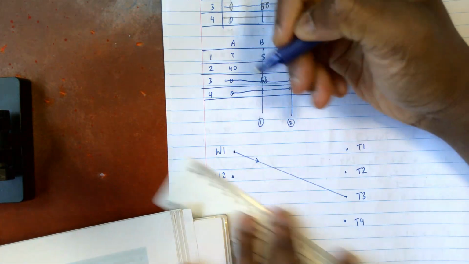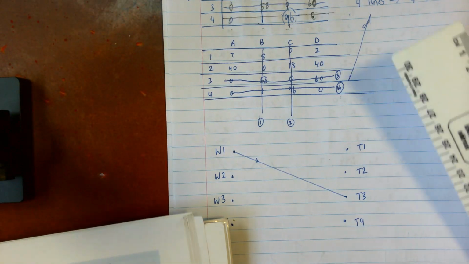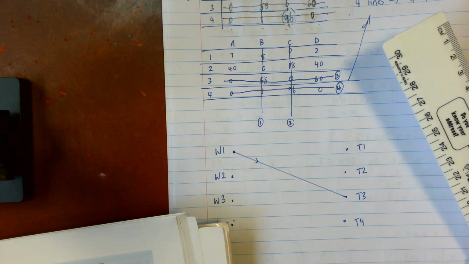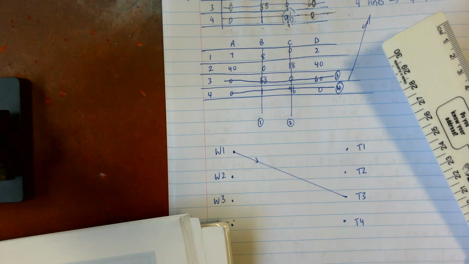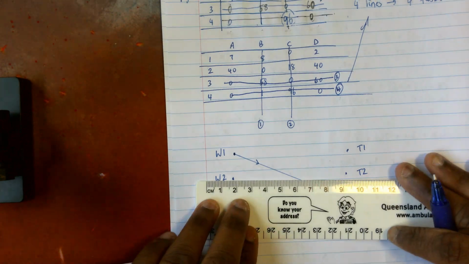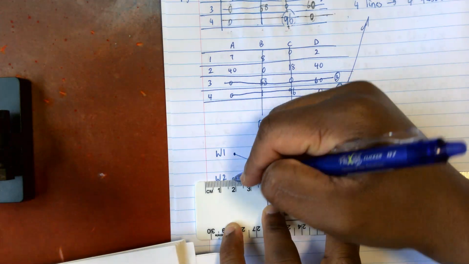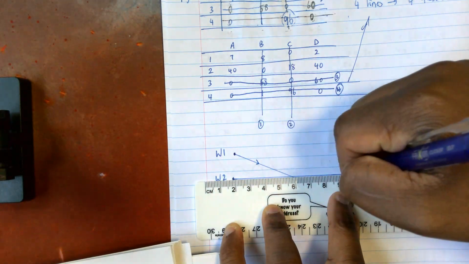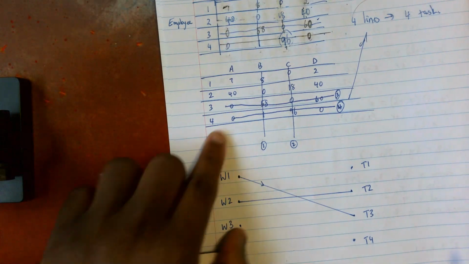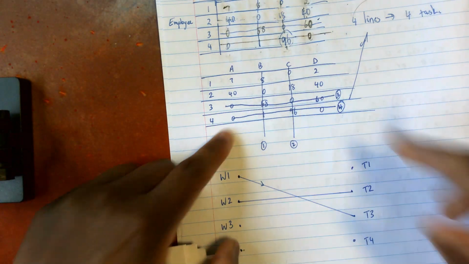Alright, next we've got worker 2, and they're going to take task 2. Yep. So worker 2 takes task 2. Worker 3 can take tasks 1 and 3.